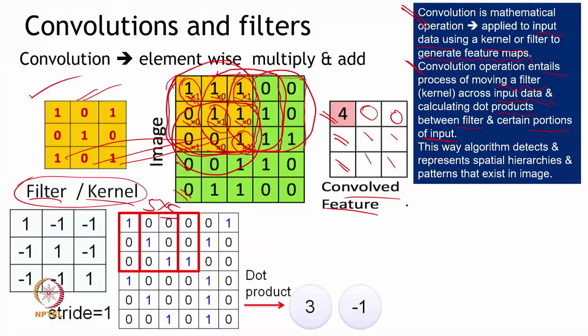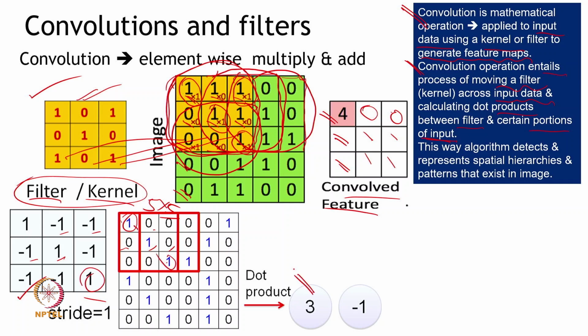Now just to demonstrate that, I have taken stride 1, and this is the filter. Initially we are multiplying here: 1 into 1 is 1, minus 1 into 0 is 0, minus 1 into 0 is 0, minus 1 into 0 is 0, here 1 into 1 is 1, here minus 1 into 0 is 0, and here also 1 into 1 is 1, so 1, 1, 1 gives 3.